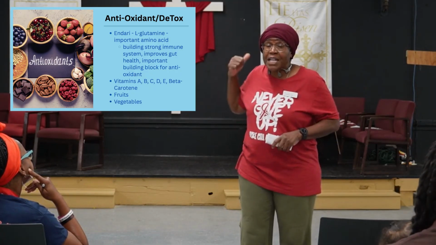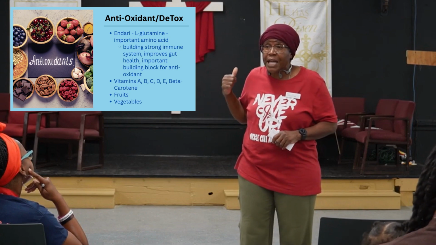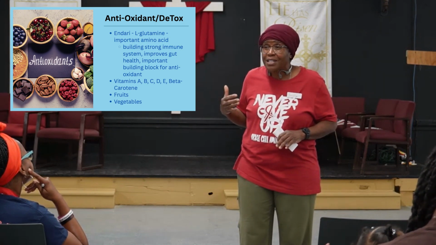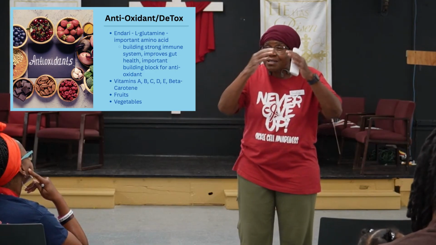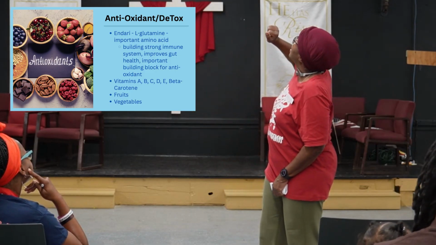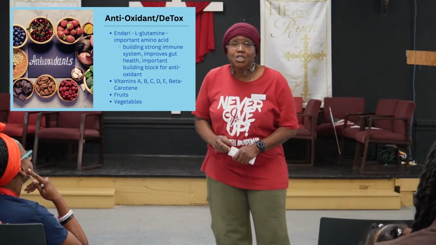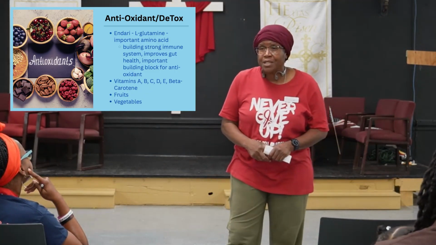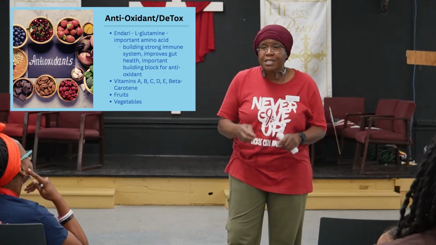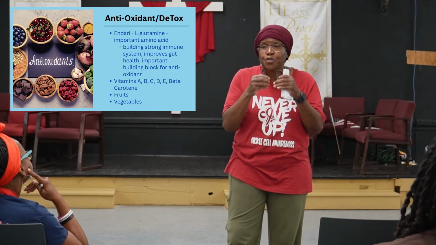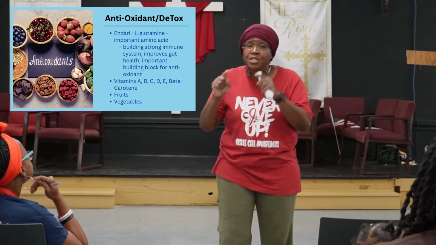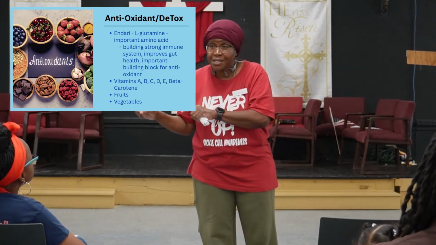So if you notice, vitamin C, that was in last week's. Vitamin E, that was in last week's. So it's similar pathways. Endari is L-glutamine. Glutamine is one of the amino acids that in our bodies converts to an enzyme that helps increase the production of antioxidants.